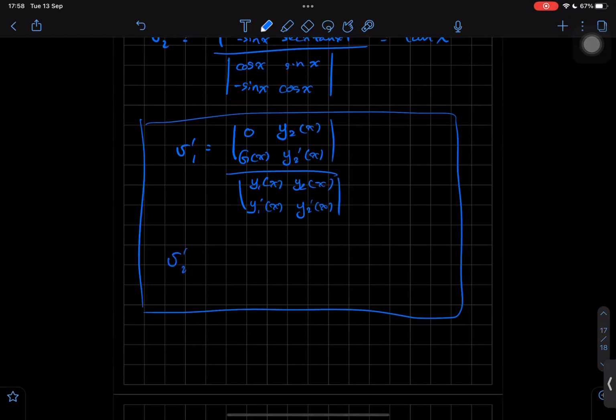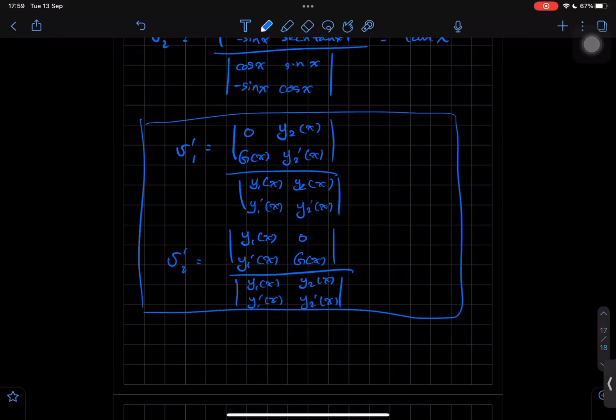And v2 prime equals the determinant with y1(x), 0, y1 prime(x) and g(x), over the determinant with y1(x), y2(x), y1 prime(x) and y2 prime(x).